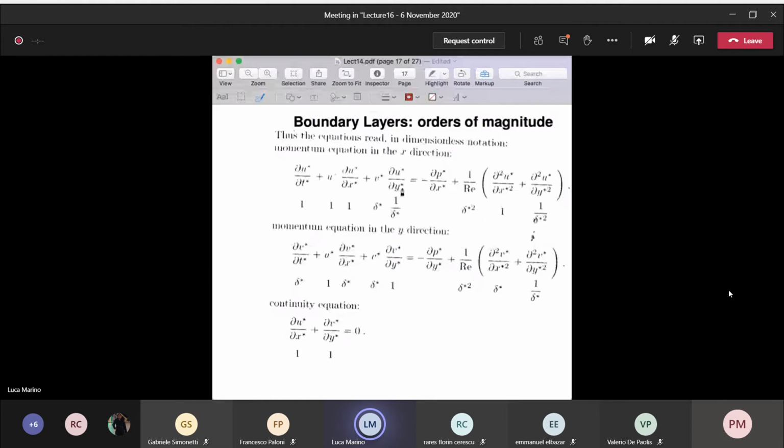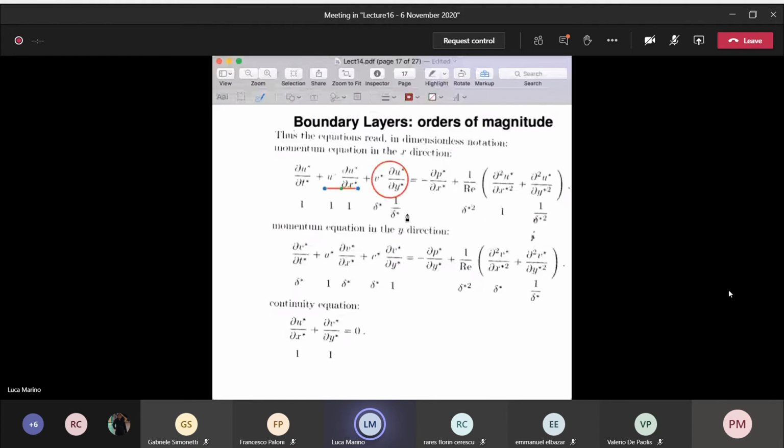So this term is delta over delta, it is 1. So it is of the same order of magnitude. Okay? So on the left-hand side, everything is of order 1.